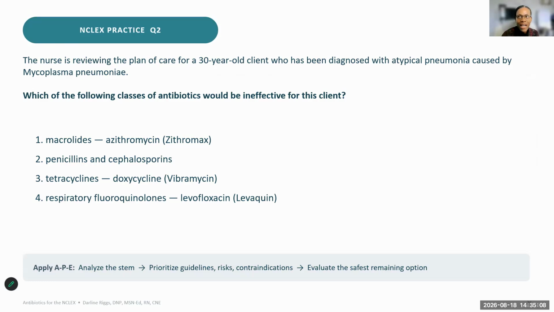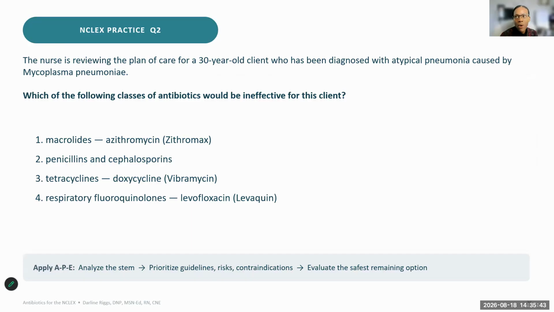All right, so let's analyze. Mycoplasma, it tells you in the question anyway, is an atypical pathogen. No cell wall. So you should not be choosing any penicillins, Augmentin, or cephalosporins. Hopefully you're doing that. So that alone helps you eliminate based on the options they put here.